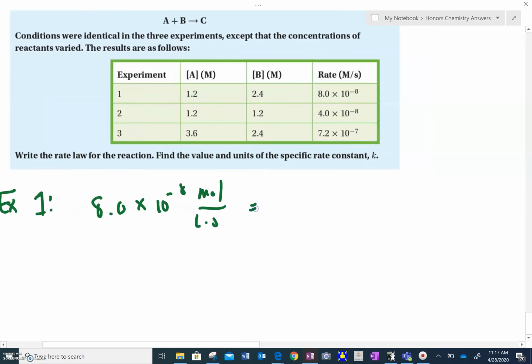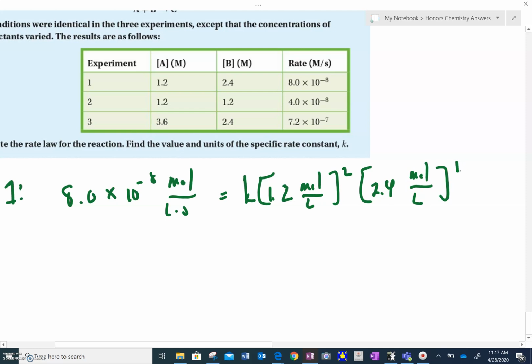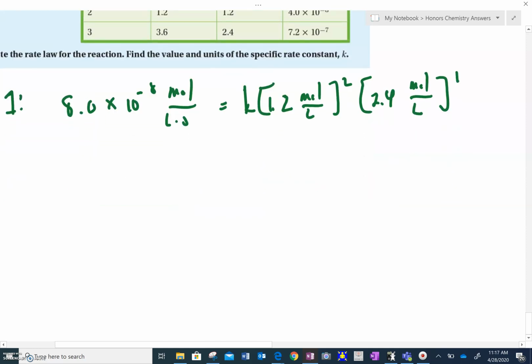This is equal to some rate constant K that we don't know, but we also know that the value of A in experiment 1 is 1.2 moles per liter squared times B, which is 2.4 moles per liter raised to the first power. I want to solve for K. So to do that, I'm going to express everything over on the right of the equation so I can start to get rid of it.